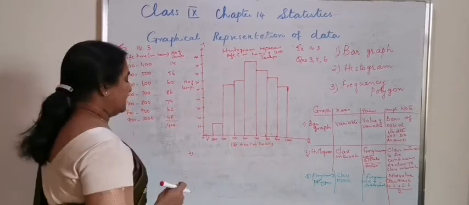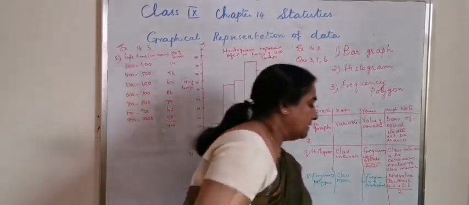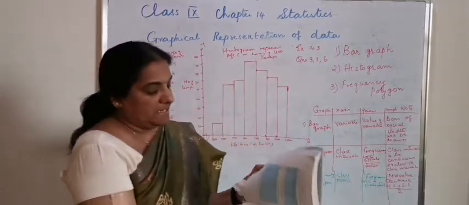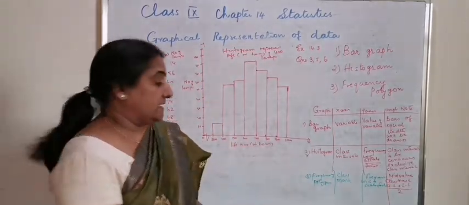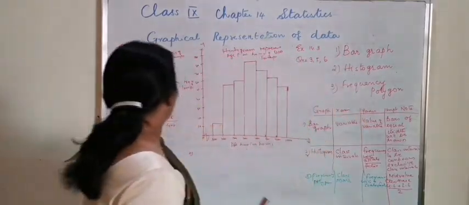And the second question is how many lamps have a lifetime of more than 700 hours.